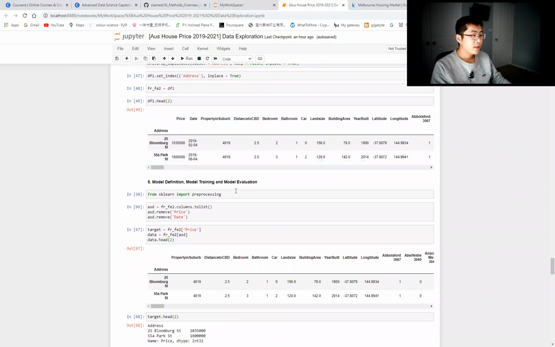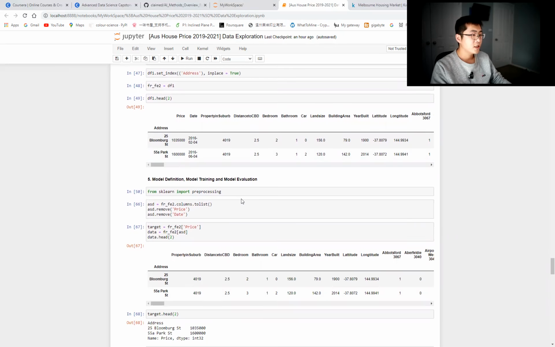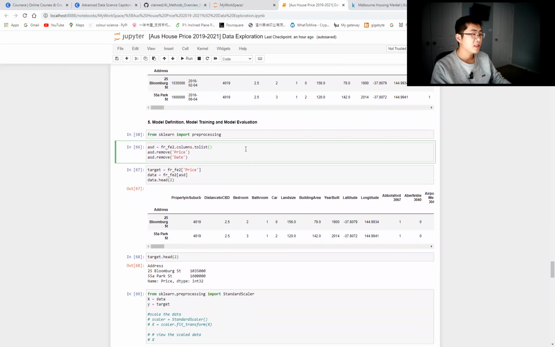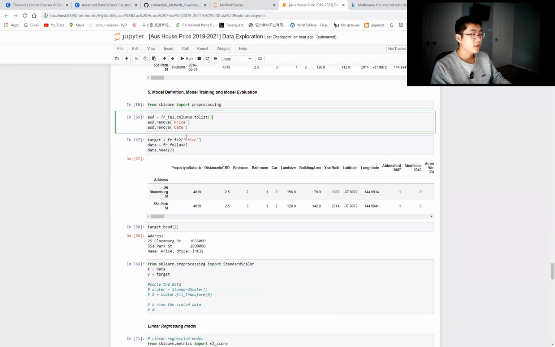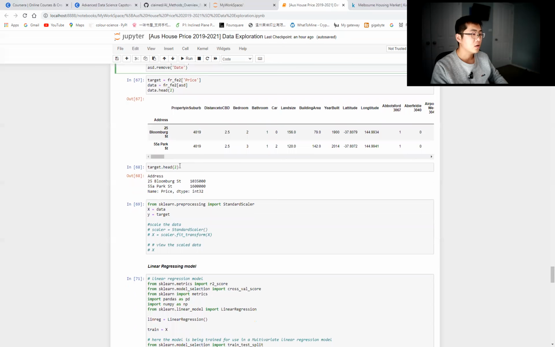From here, we have the model definition, model training, and the model evaluation. First, we pass the data frame into the target, which is the price column, and the data column. Data includes everything except the price column.